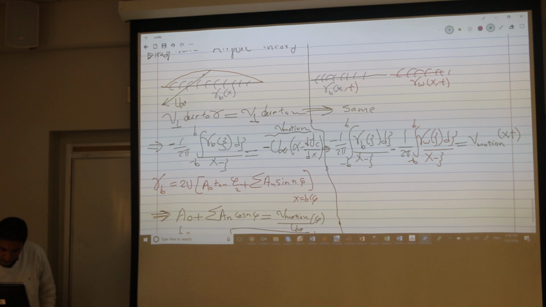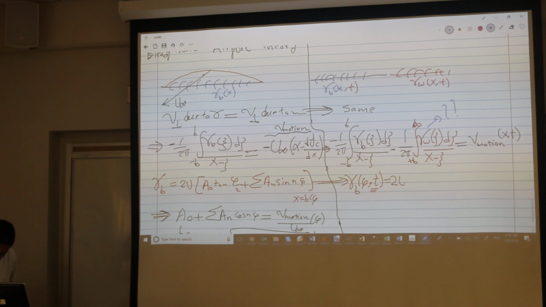Negative b to b, this one is from b to infinity. That's okay. We will do the same thing. Remember, now this is a new unknown. So we will use the exact same thing: gamma b of x, which can be replaced with phi, but now it's a function of t.